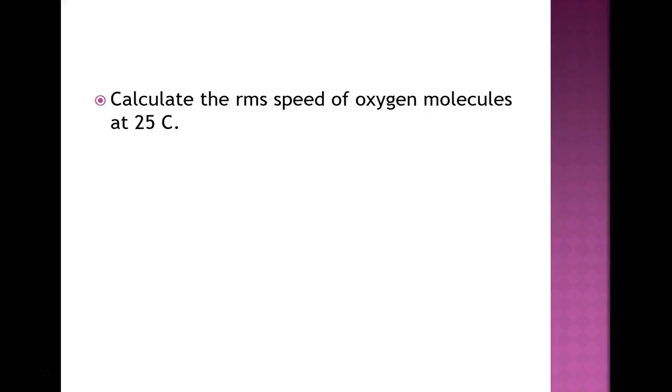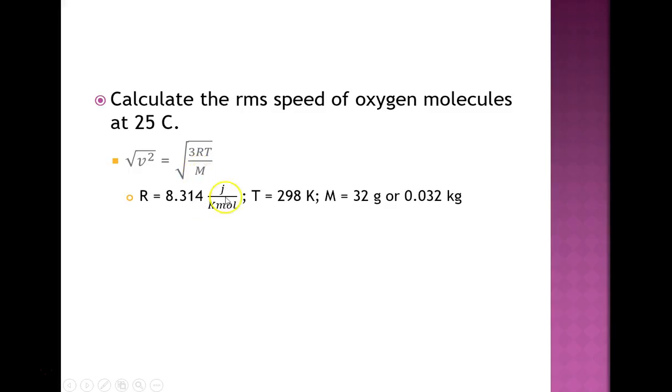And here's a sample problem for RMS speeds. Calculate the RMS speed of oxygen molecules at 25 degrees Celsius. Now we know the formula is RMS speed is equal to the square root of 3RT over M for molar mass. Here's what's known in the problem. We know that constant R is 8.314 joules per Kelvin mole. And the temperature is the temperature in Kelvin.